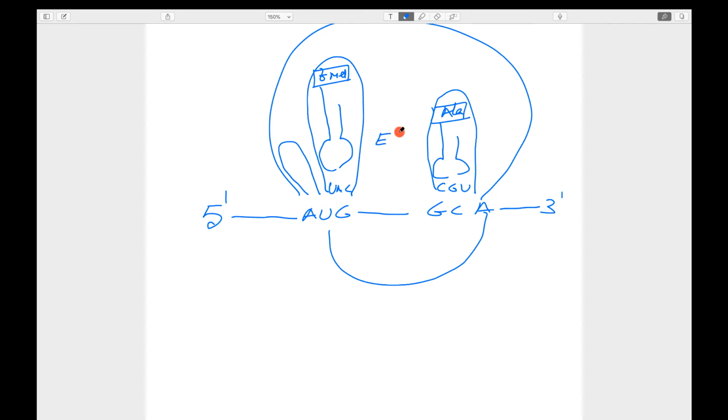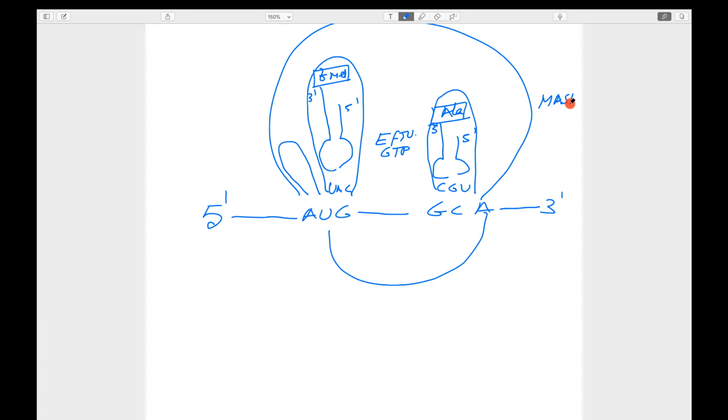Then what happens here? The EF-Tu GTP binds the 3' end of the amino acid transfer RNA. And by binding it, it is masking it.